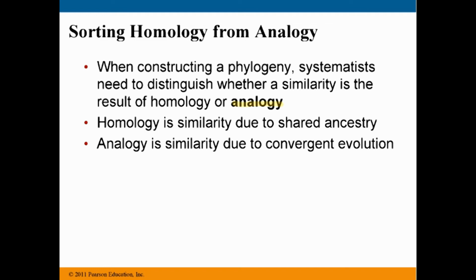Analogy is similarity due to convergent evolution. Similarity that is due to convergent evolution. So homology, you're looking at shared ancestry. Analogy, you're looking at that similarity where two things come together.